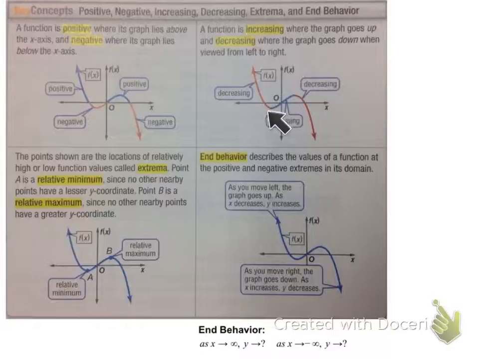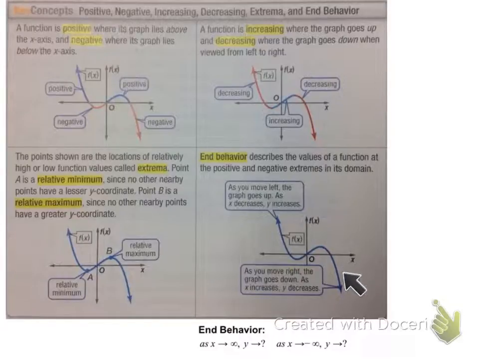It goes all the way to the bottom part of that curve. And then it starts going back up, or we say increasing. And then it hits the top of the hill like a roller coaster and falls down forever.